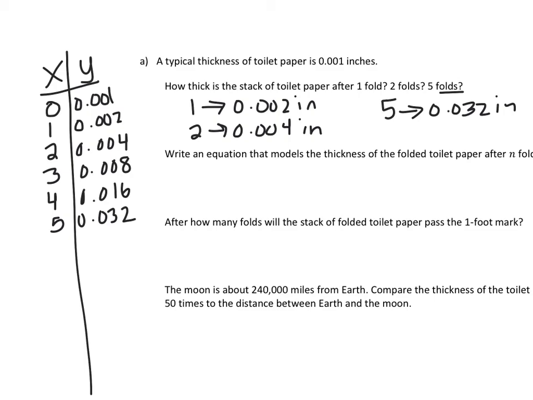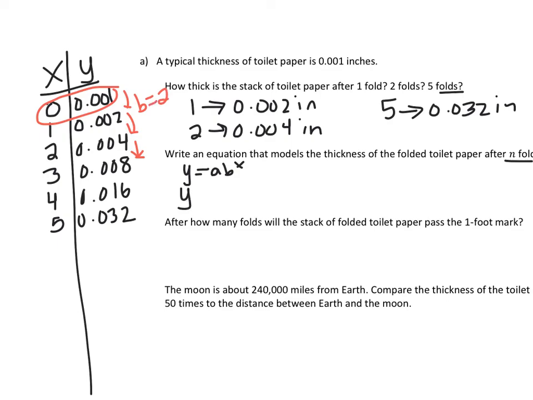Now it wants us to write an equation that models the thickness of the folded toilet paper after n folds. So we're using the variable n. We're going to use our equation, y equals AB to the x. We know our starting value. Our starting value is 0.001. We also know the B value, since it doubles each time, B equals 2.